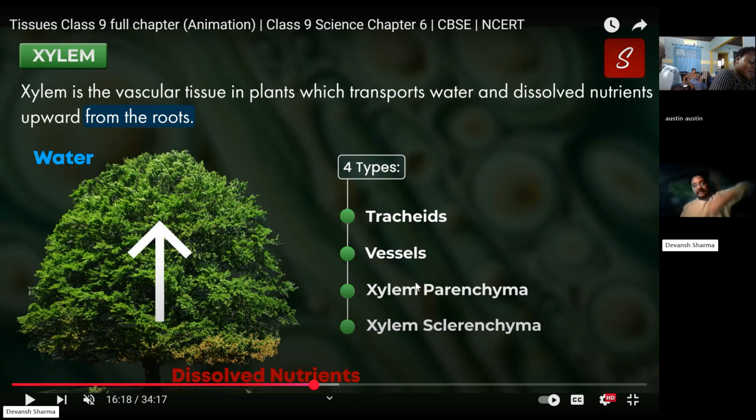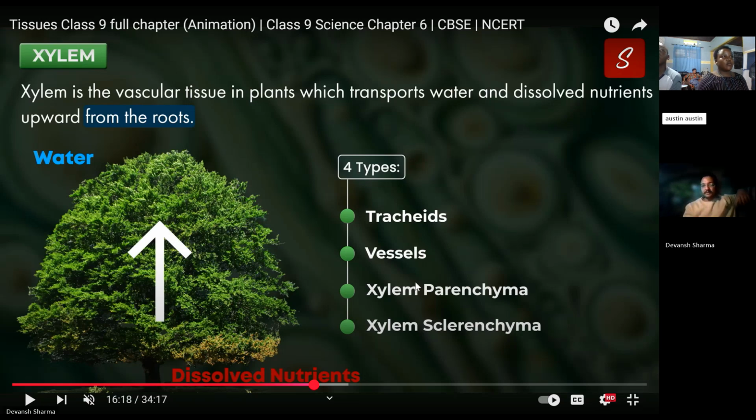Shrideva, are you able to understand what xylem is and what xylem does? Xylem is a vascular tissue in plants which helps to transport water and dissolved nutrients.